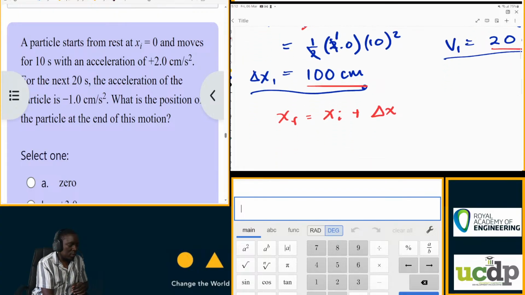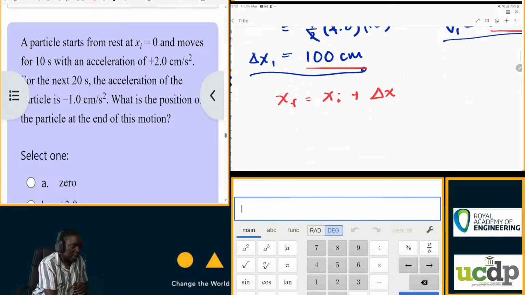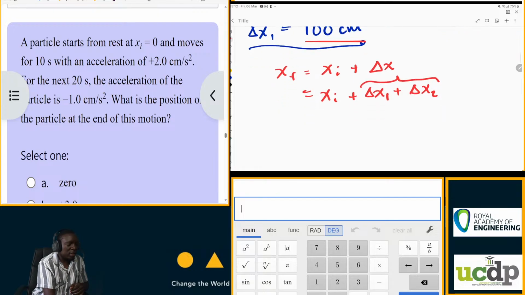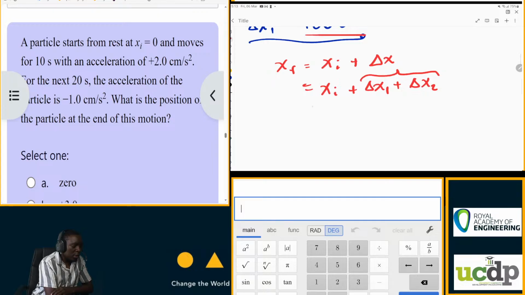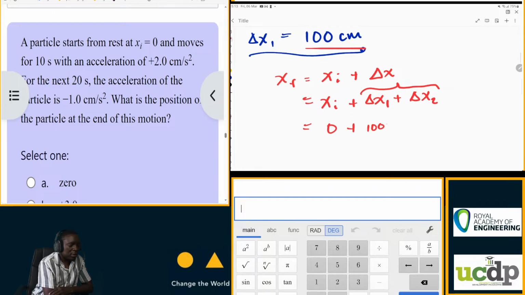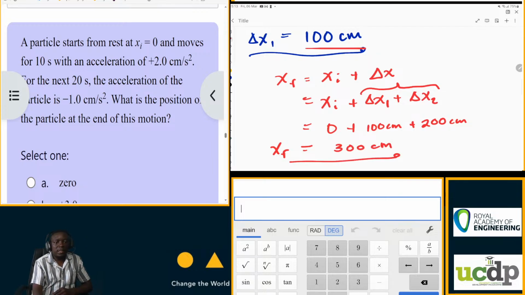So this overall displacement delta x is x initial, which is 0, doesn't matter, plus delta x1 plus delta x2. So you add these and it gives us the overall displacement. Since x initial is 0, delta x1 is 100 centimeters, delta x2 is 200 centimeters. We get an overall position x final of 300 centimeters.